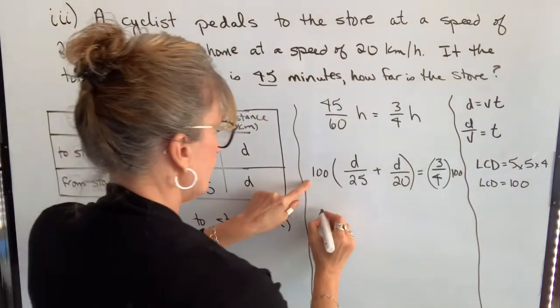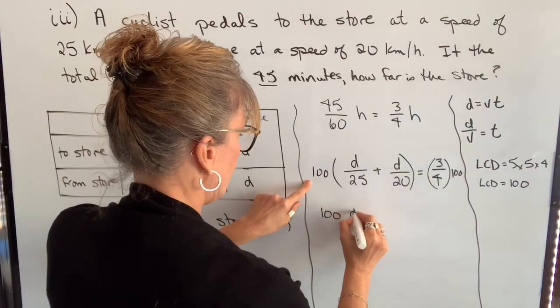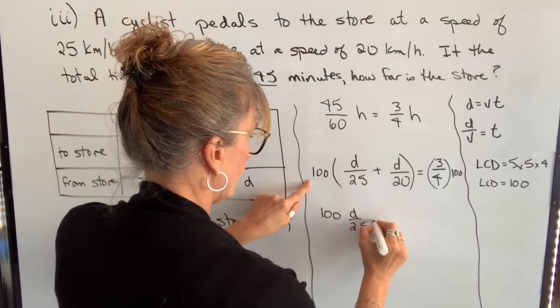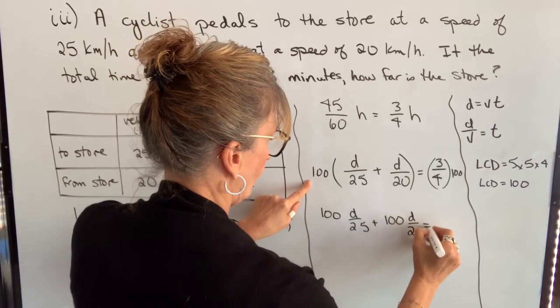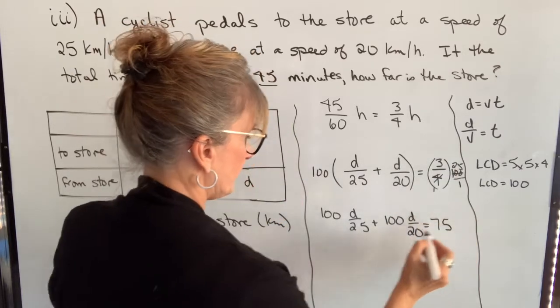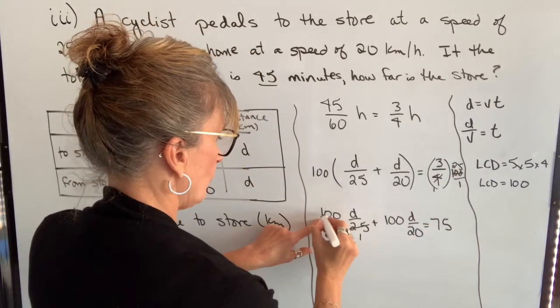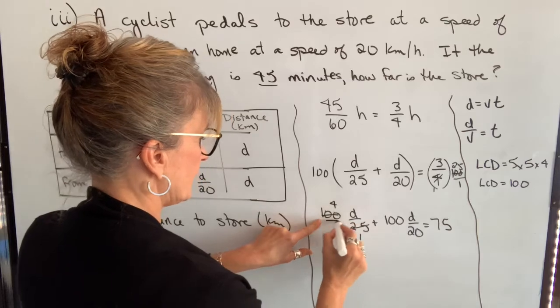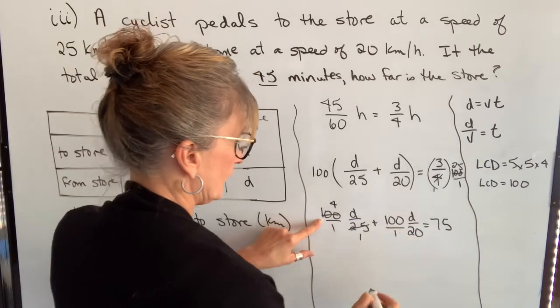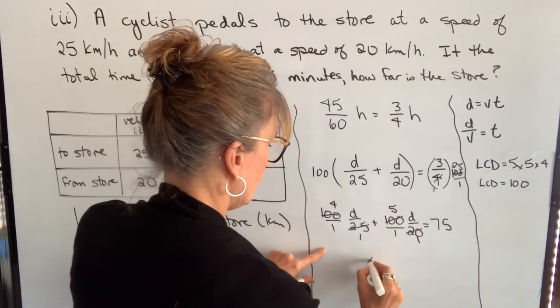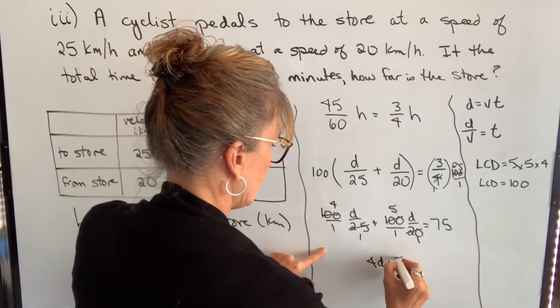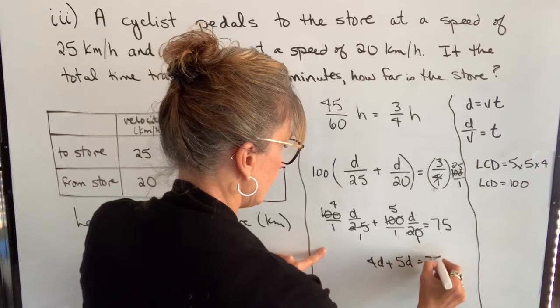When I multiply this side, remember you have to multiply every term. It'll be 75. Here, 25 goes into 100 four times. This is like 100 over 1. 20 goes into 100 five times. So I have 4D plus 5D is equal to 75.